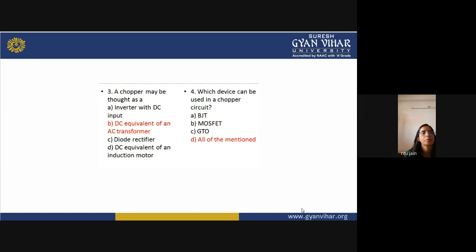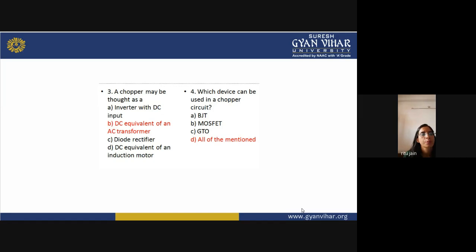A chopper may be thought of as an inverter with DC input, a DC equivalent of an AC transformer. So I have already told you that the chopper behaves like an AC transformer, its DC equivalent.